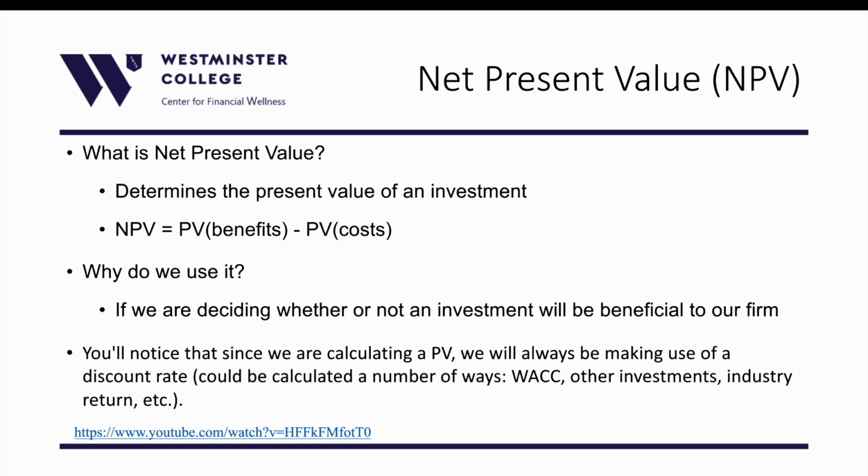Or let's say we have an industry average return. So those are just some basic ways to think about what the discount rate could be. I think it'll make more sense as we go through an example, and I'll touch on this again. But I just wanted to remind everybody what a discount rate is: it's helping us to find the present value of money in the future. So it's going to be applied to both of these.